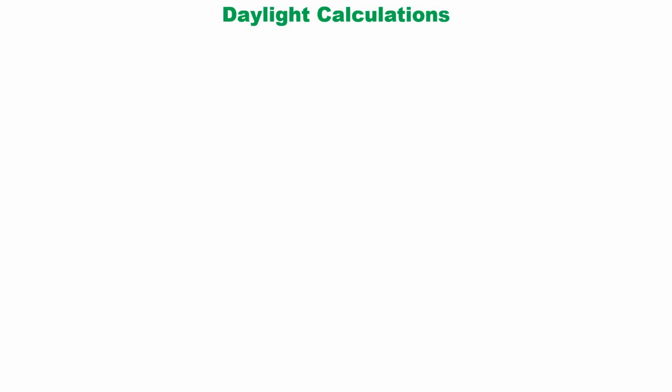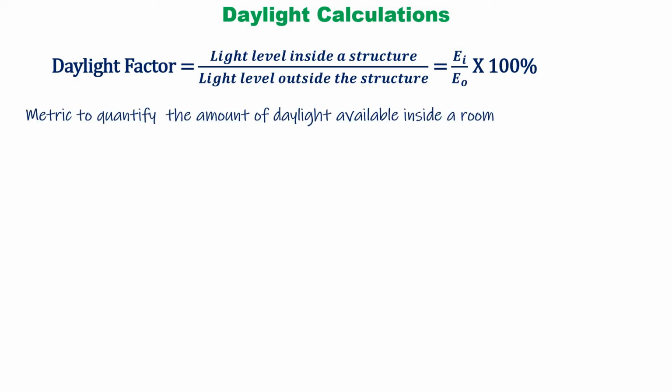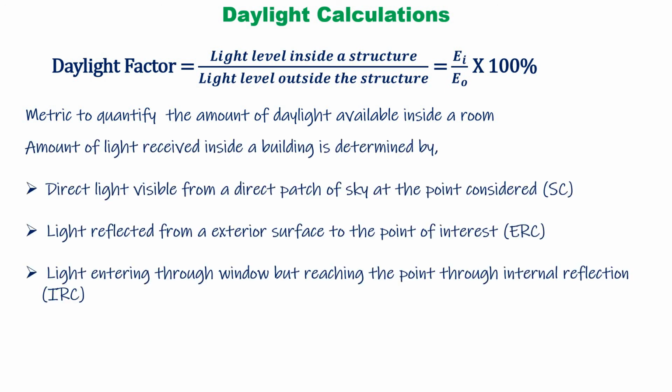So what is daylight calculation? It is the ratio of the level of light inside a structure to the level of light present outside the structure. This factor is known as the daylight factor, and it is a metric to quantify the amount of light present in the room during the daytime.